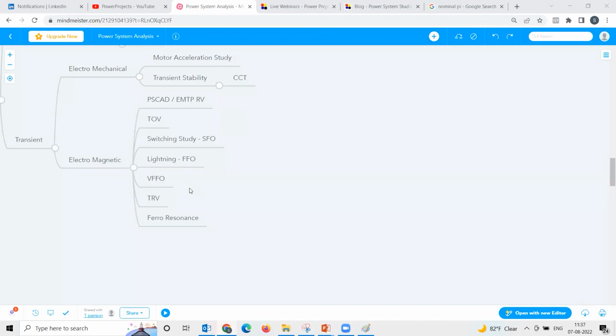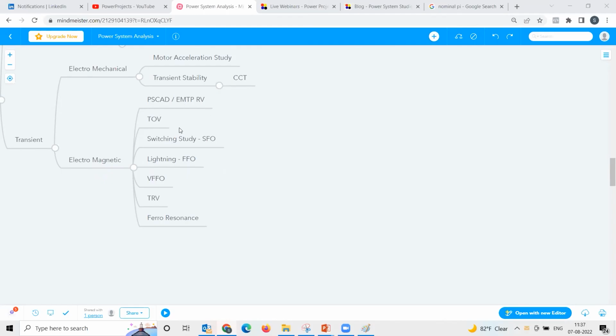And having said that, we have probably missed a few more aspects. When we talk about software like PSCAD, the software helps you to perform electromagnetic transients, but that's one small portion of it. PSCAD is capable of doing electromagnetic transients.